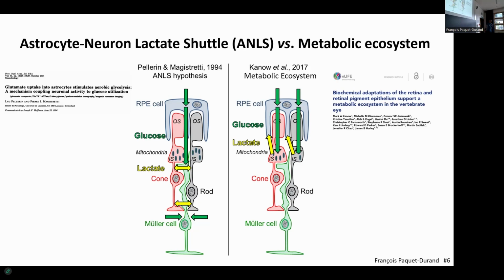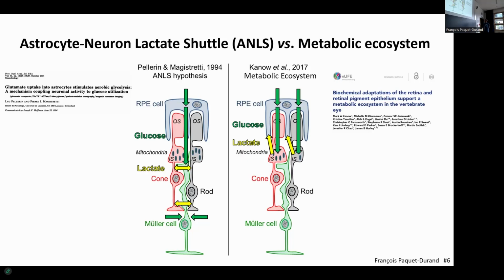So under this hypothesis, this is called metabolic ecosystem. Under this hypothesis, if that was correct, then the photoreceptors would do only glycolysis. That would be all they need.